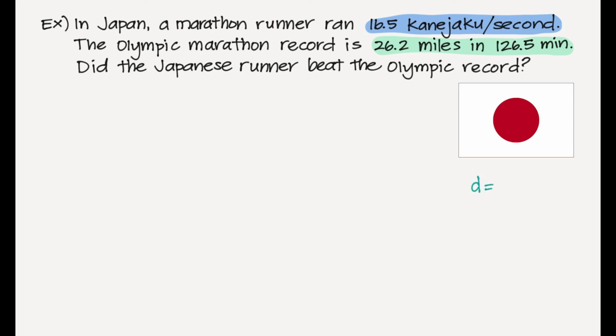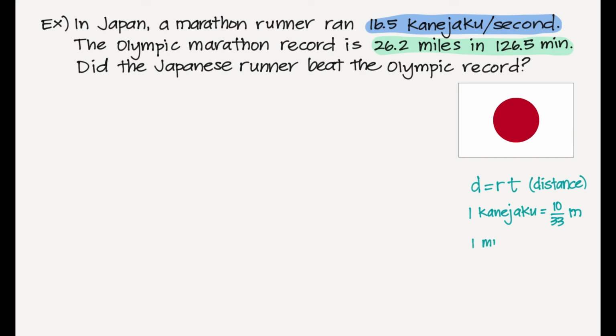Well, here are some formulas that might be helpful. D equals RT, that stands for distance, is equal to rate times time. It might also be beneficial to know what is a kenjaku. So 1 kenjaku is equivalent to 10/33 of a meter. Okay.